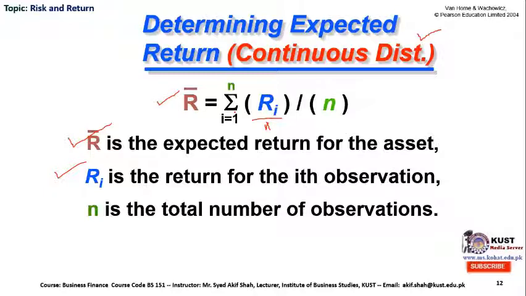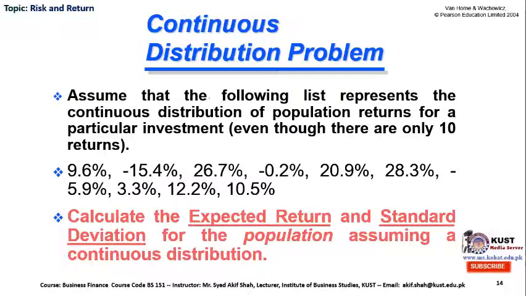Similarly, if you would like to calculate the average return of 5 different stocks, you can simply accumulate the 5 rates of return and divide by 5, and you will get the expected rate of return for that asset.